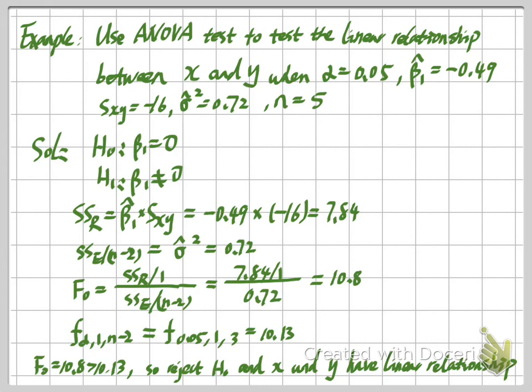So we already finished this part, and here we always do a two-side test for our H1. Of course, if you want to do a one-side test, the idea is very similar to our previous hypothesis test part.